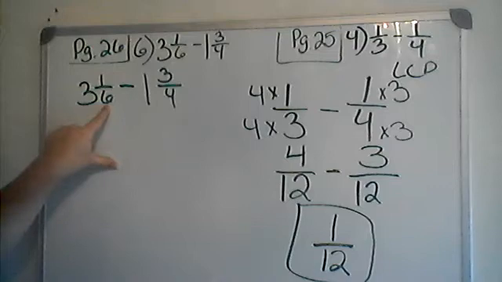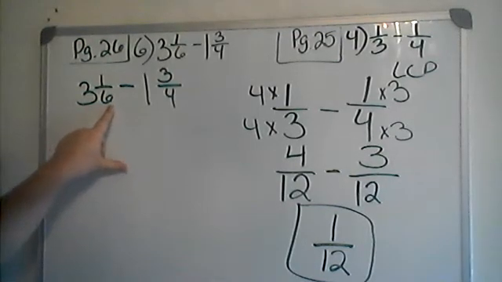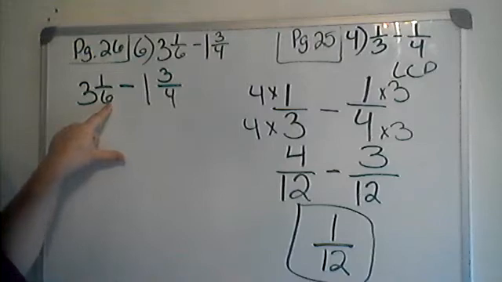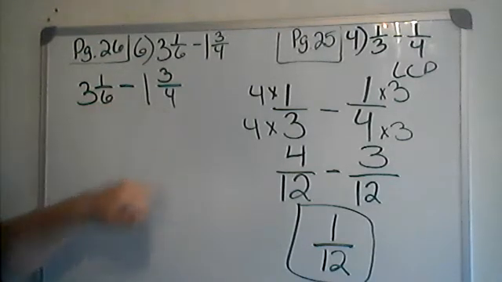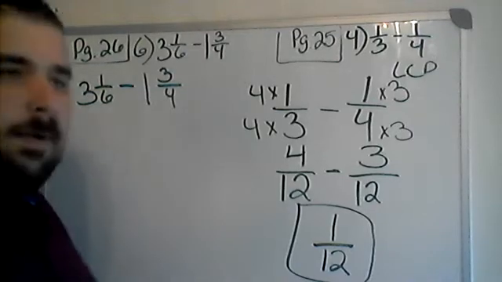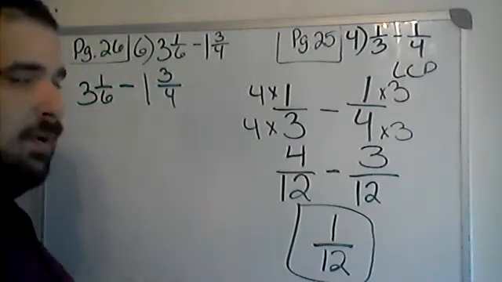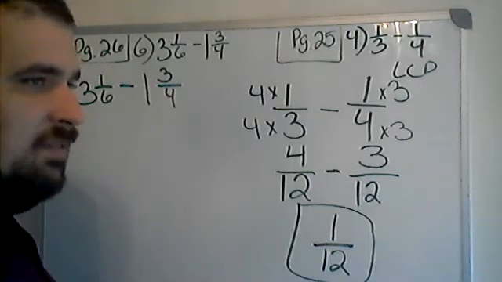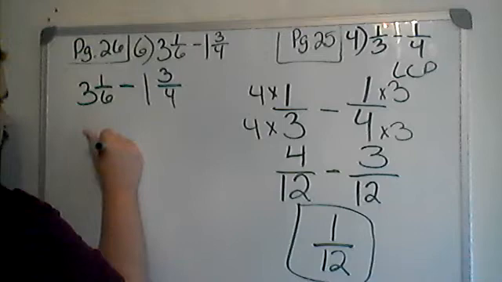So that'd be 6 times 1. Now I have to go to 6 times 2. What's 6 times 2? 12. Can 4 go into 12 evenly? Yep. So 4 can go into 12 evenly. So I know my least common denominator in this case is 12.